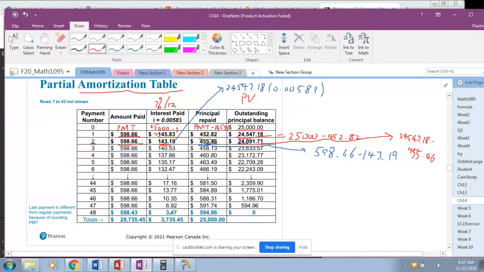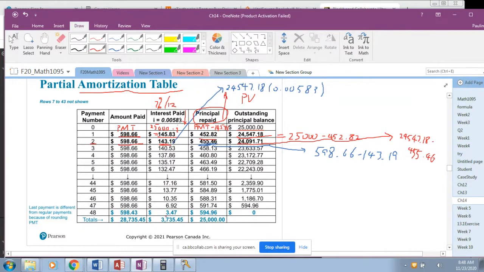This is your amortization table. From this table, as you can see, as time goes on, the principal paid increased and the interest paid decreased. The first month, when you make a payment, 145 goes to interest.